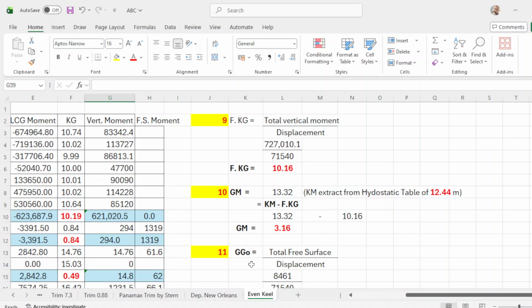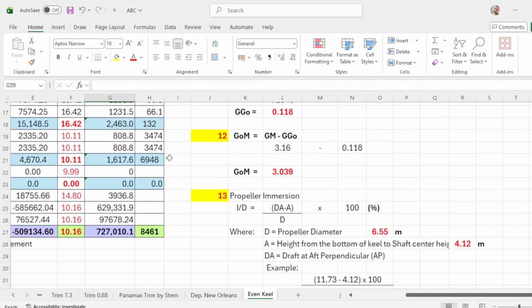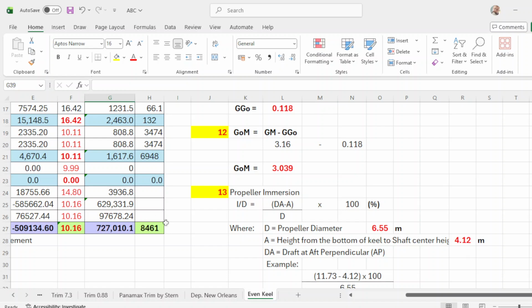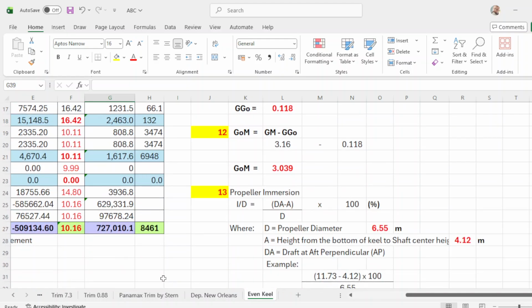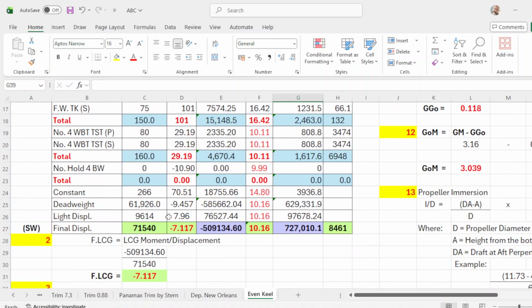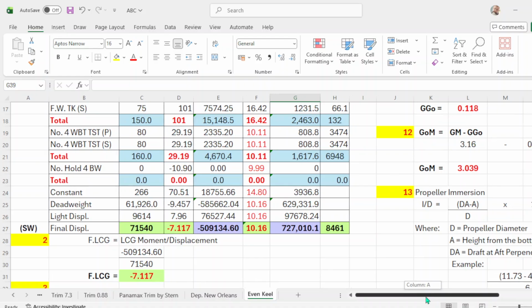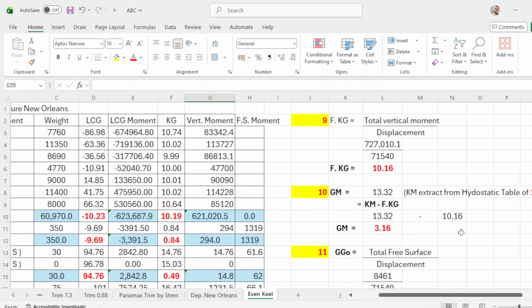Then you find for GGO, total free surface moment over displacement. Okay, your total free surface moment, which is this one, is 8461, over your displacement of 71540.